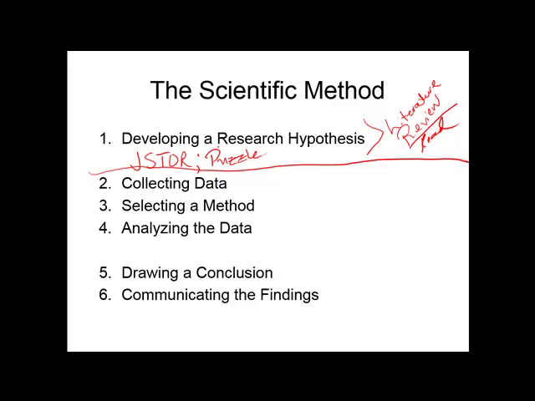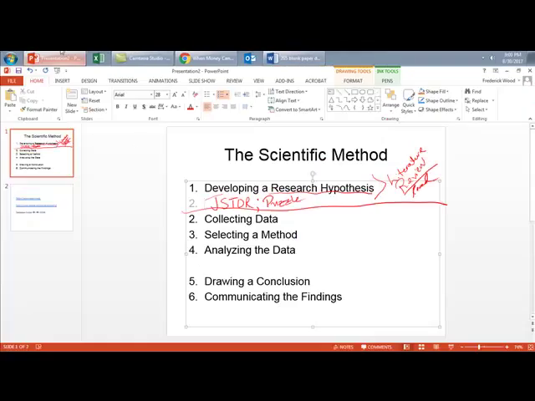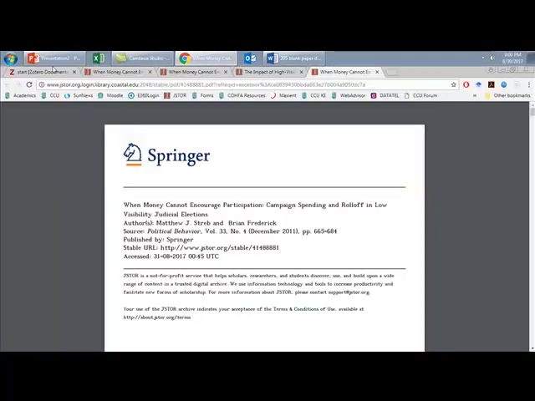So the point of this video, again, is to talk to you about developing a research hypothesis. I use JSTOR. You should use whatever's available in the library. You should also consider, at this time, getting used to using Zotero.